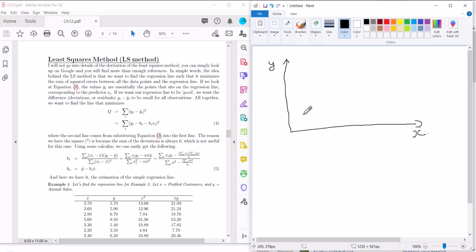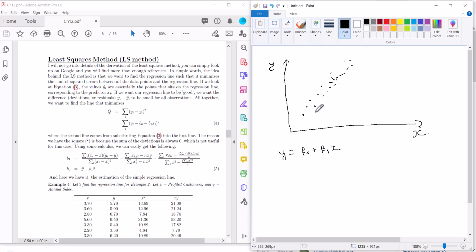And let's say that your data looks like this. So the idea is you would like to find a line, the linear regression line, which has this kind of formula: y equal to beta 0 plus beta 1 times x, to fit into this data.